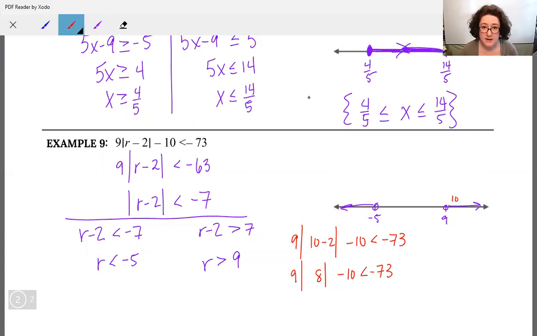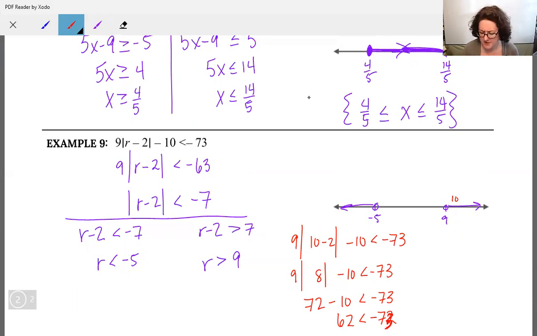So 9 times 8, 72. And 72 minus 10 is 62. And so this is saying that 62 is less than -73. Well, that's not right. And that was one of the pieces that was actually in our valid solution.